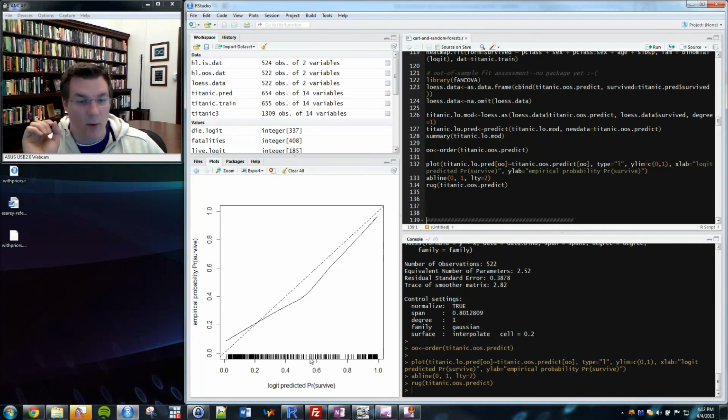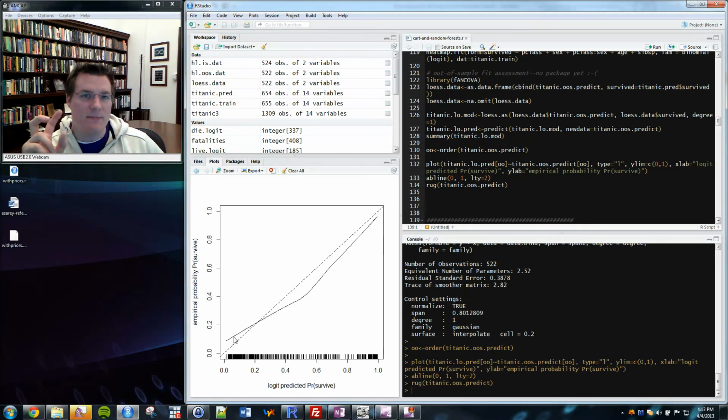You can see this rug of points tells me where the data are located. On the other hand, for the people on this end, with very low probability of survival, I'm actually slightly under-predicting their chance of surviving. So if my logit model says you have a 5% chance of living, in actual fact you have closer to a 10, maybe even a 15% chance of living.